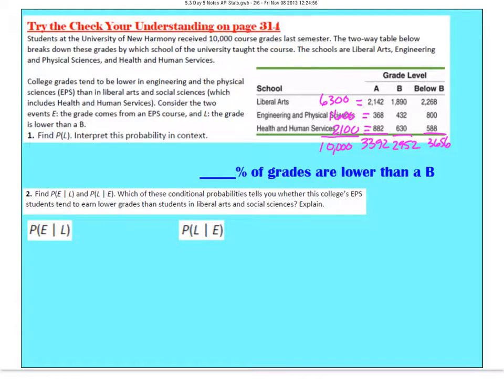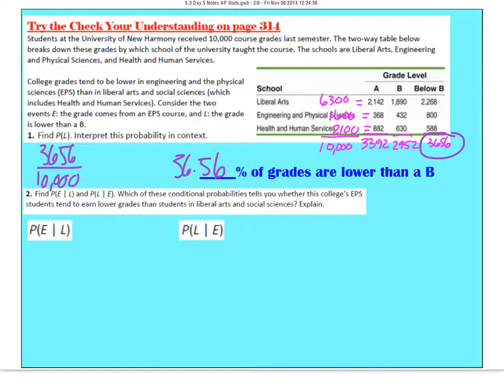All we have to do for this one, the probability that the grade is below a B, is the 3,656 over the 10,000 students. That is the probability answer. Okay, interpret this in context. Fine. I'm going to say that 36.56% of grades are lower than a B in the long run.